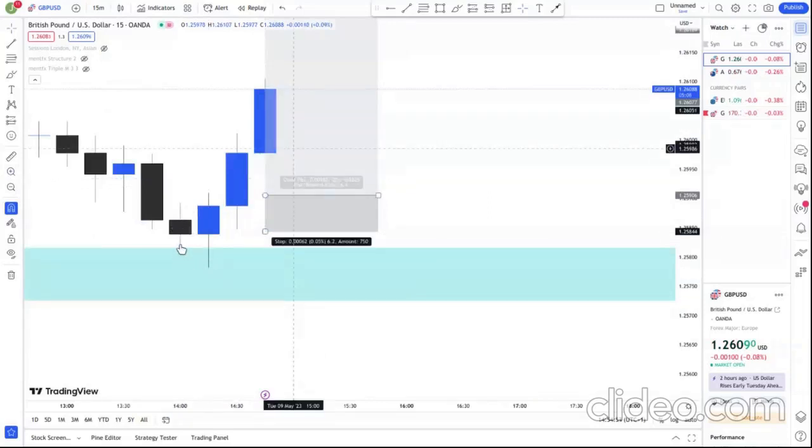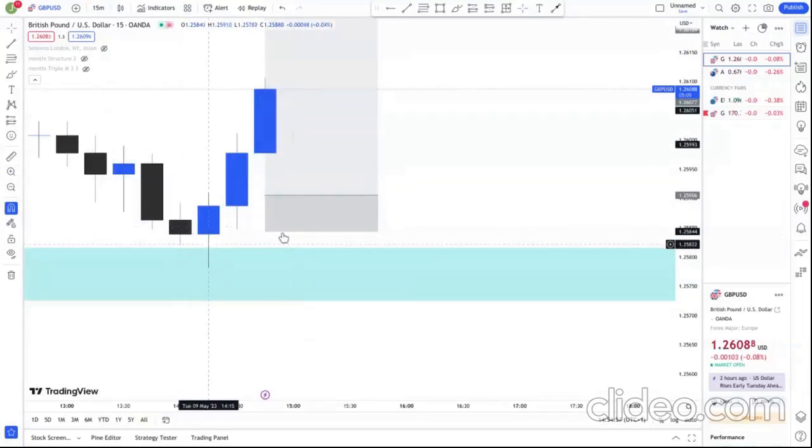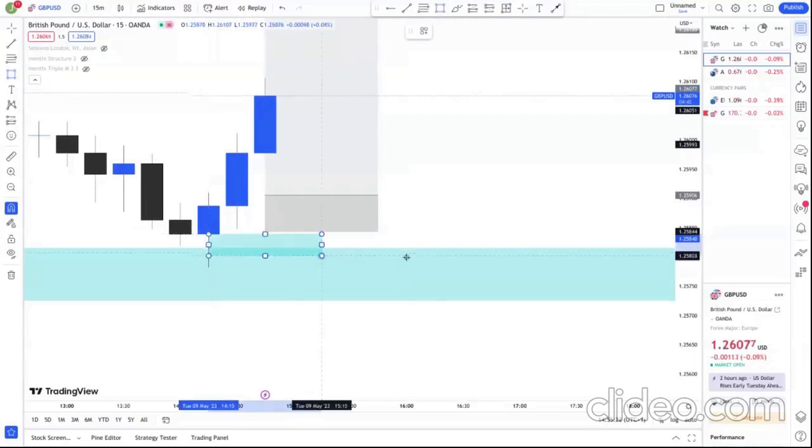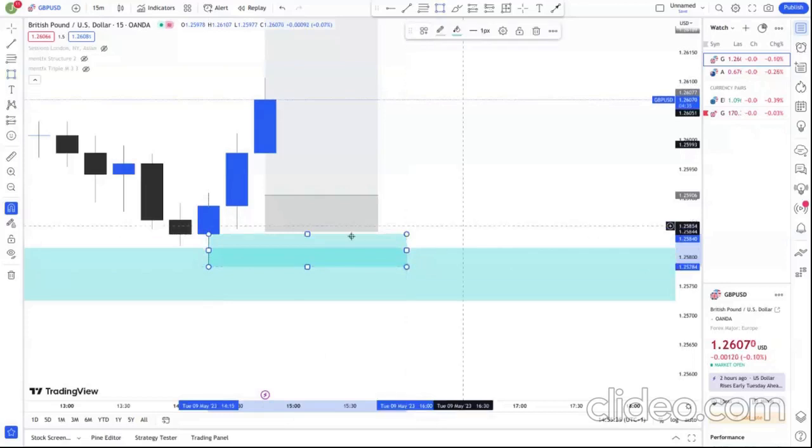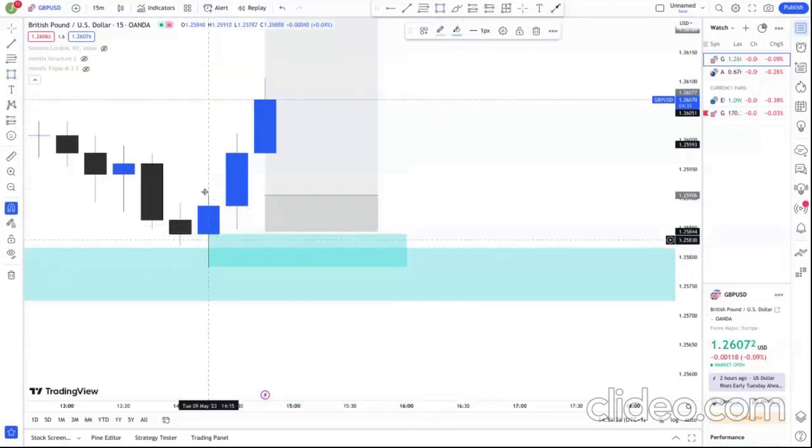Alright, so we see this liquidity grab that takes out the liquidity here with this week, and we see the first break to the top side this week going above this candle, and we see a retracement back to it, and another bullish move to the top side. This zone is also unmitigated. This point has also been unmitigated, but I'm still going to trade off this other block on a lower time frame.